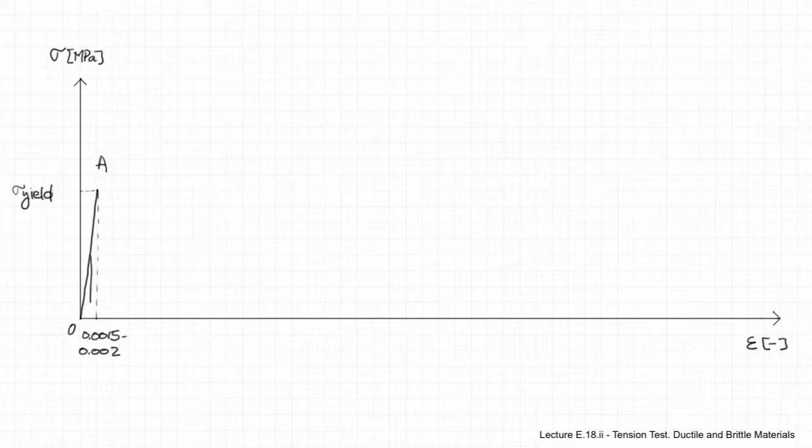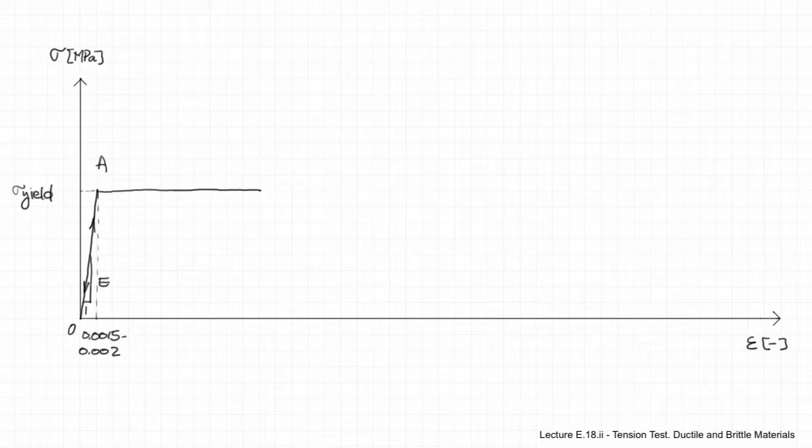Now the slope of this portion is an indication of the modulus of elasticity of this material. So by determining the slope, we can determine the modulus of elasticity of the material. So here are two very important parameters that we determine: the modulus of elasticity and sigma yield.